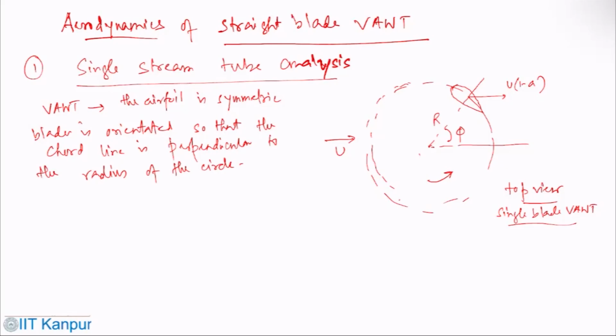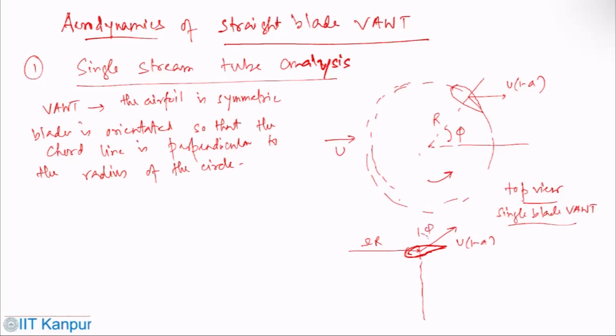Now, we can draw a velocity triangle for this. Let's say we draw this aerofoil and through it we pass this line. Obviously, this is coming here, which is omega r. This goes that way, which is u into 1 minus a.